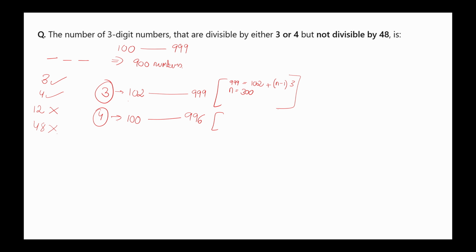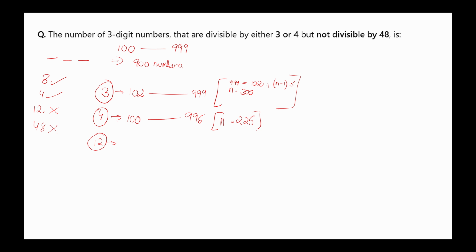Again, similarly, you are going to use the AP: 996 minus 100 would give us 896, divided by 4 would give us 224. So here our n would become 224 plus 1, which gives us 225. So there are 225 three-digit numbers which are divisible by 4.